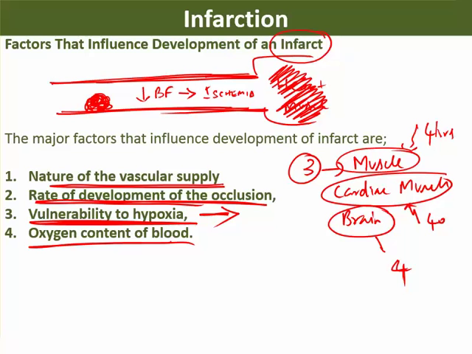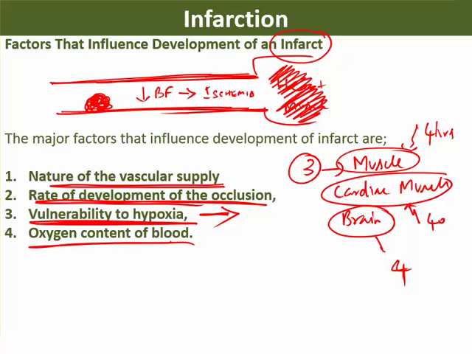Muscle has glucose, right? Remember the cell injury chapter, I told you if the oxygen is stopped, immediately the mitochondria utilize the glucose to produce energy, ATP. So any tissue which stores glucose survives for some period.